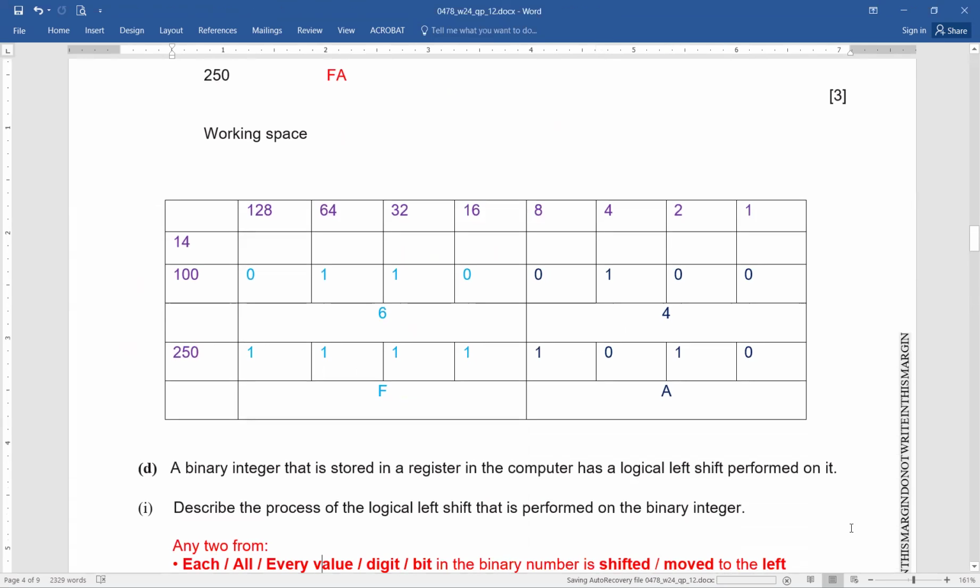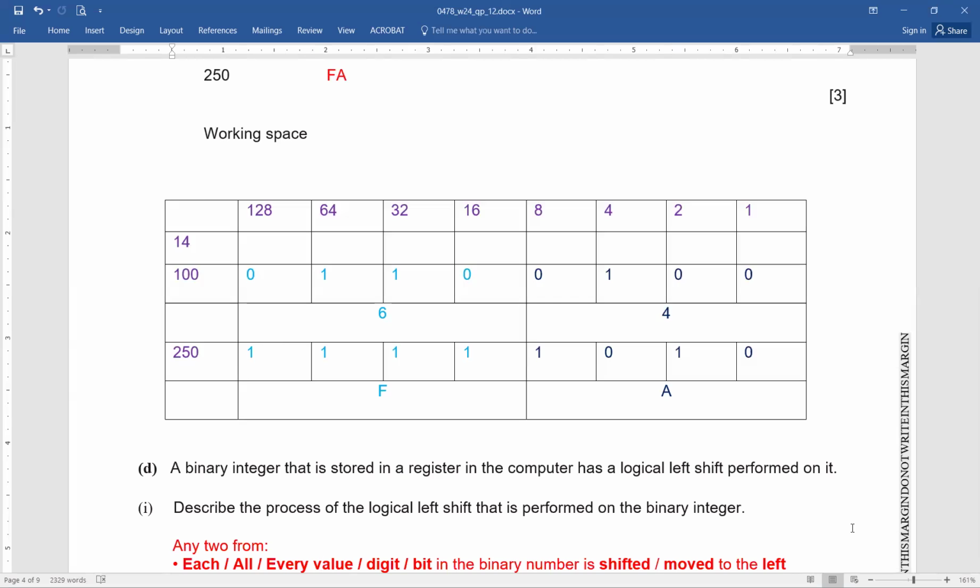A binary integer that is stored in a register in the computer has a logical left shift performed on it. Describe the process of the logical left shift that is performed on the binary integer. Now, this is something that we see for the first time in this question. Here we are expected to explain how we perform the left shift.